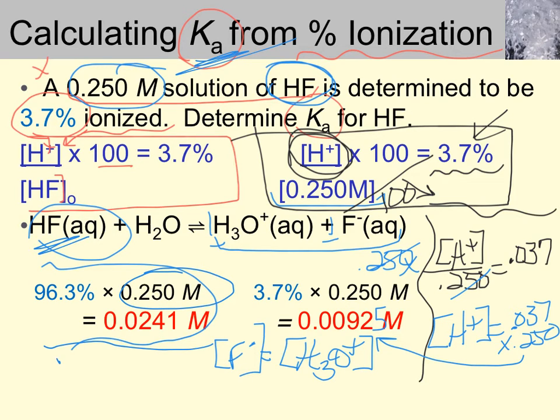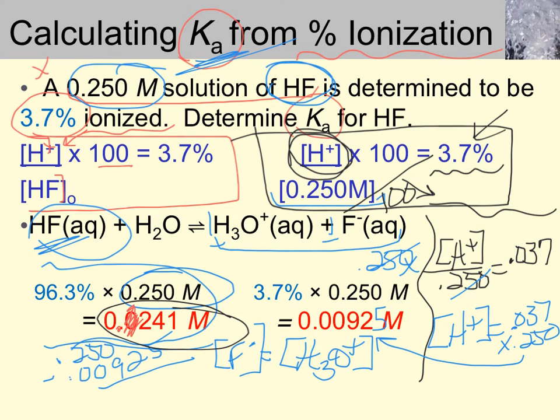Well, it's pretty easy. It's 0.250 molar minus however much hydronium ion is formed, which is minus 0.00925. Okay? So the equilibrium concentration is, and I just realized that there's a 0 here that shouldn't be here.